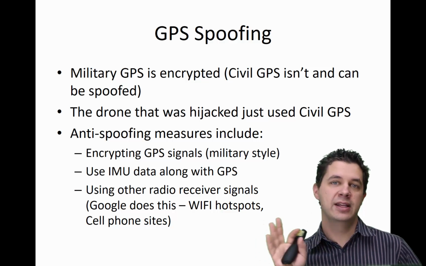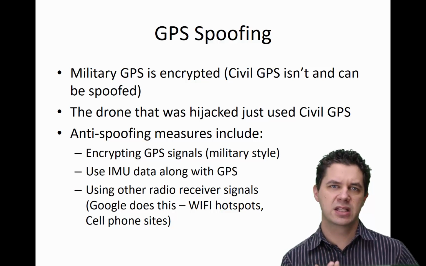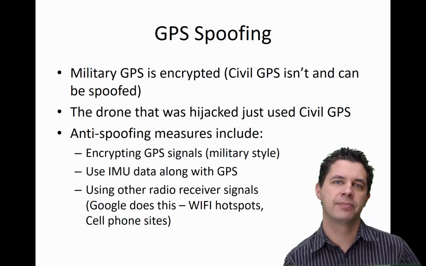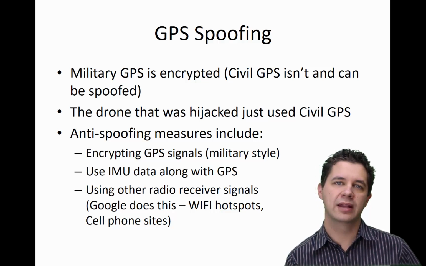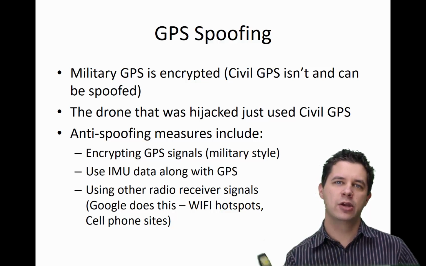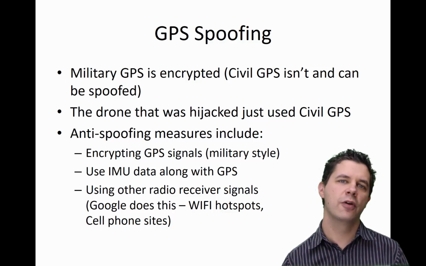It might tell us that we're going in the opposite direction to what our GPS is telling us, and in that sort of situation we can suspect that we might be spoofed. Another way we can do it is using AGPS sort of techniques that we'll look at in a moment, where we use other radio signals, and Google actually does this, mapping out Wi-Fi hotspots and cell phone sites in an area.